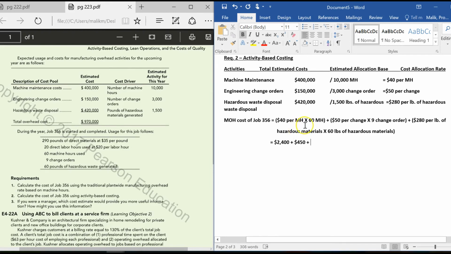Then our hazardous waste disposal cost, the rate was 280, and we multiplied by our actual amount of hazardous waste, which is 60. So 280 multiplied by 60 will give you $16,800.